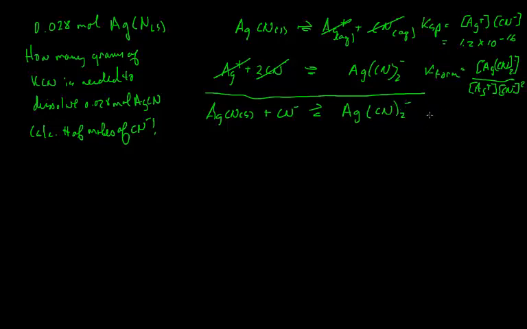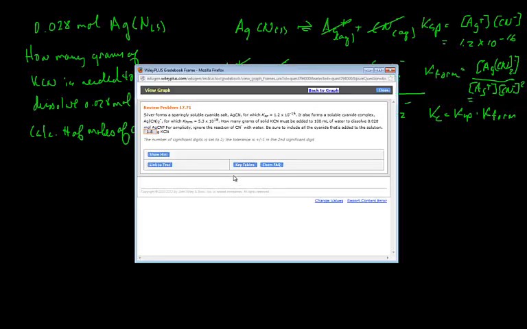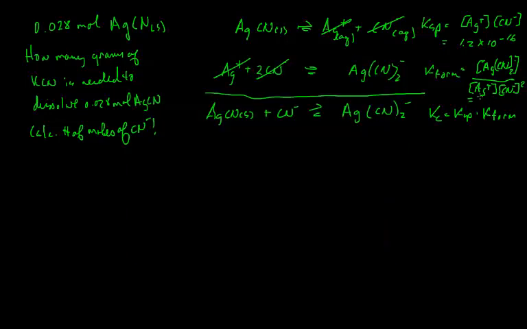And the new equilibrium constant for this would be Kc, which is going to be the product of Ksp times K form. Oh, and this value of K form is 5.3 times 10 to the 18th. Forgot to put that up there.